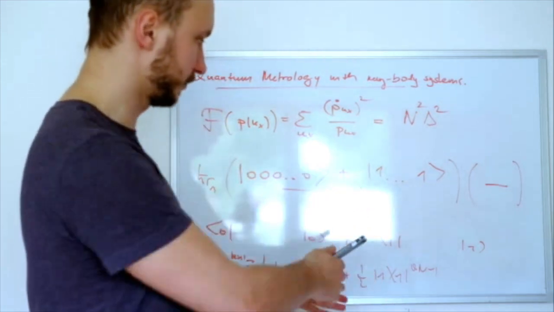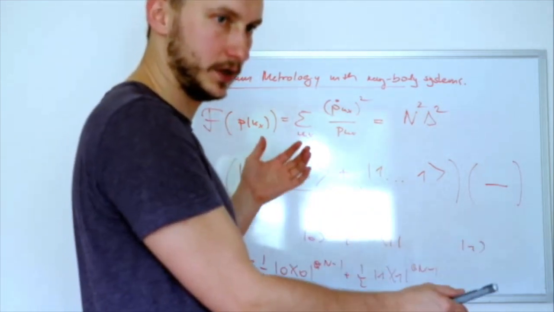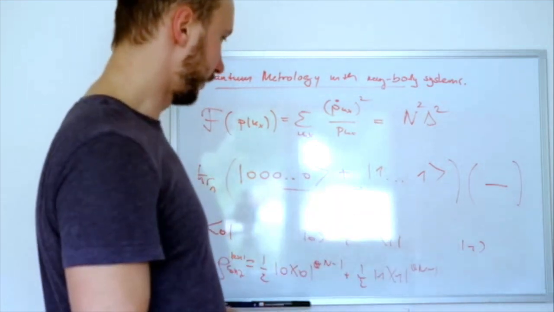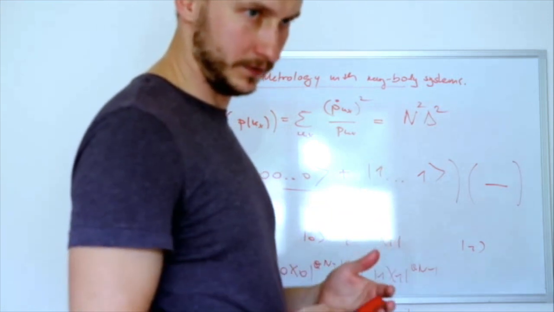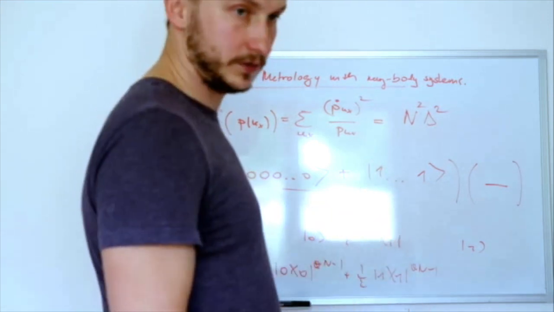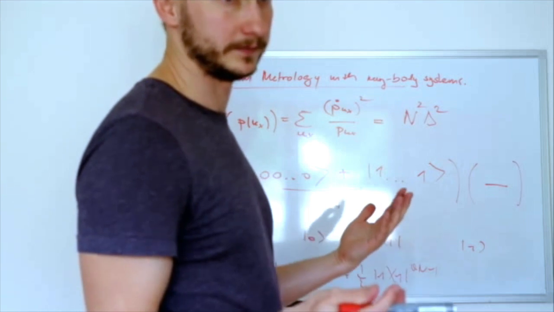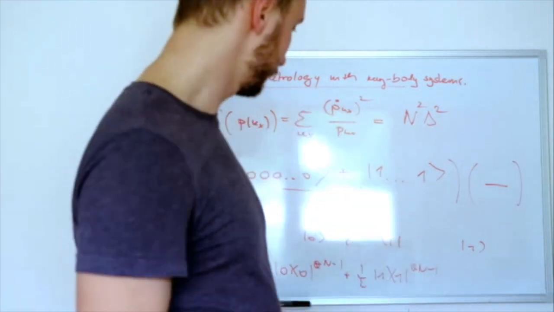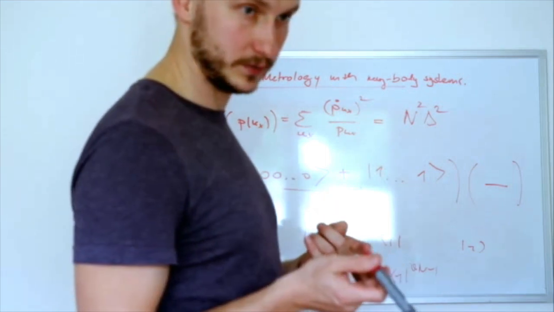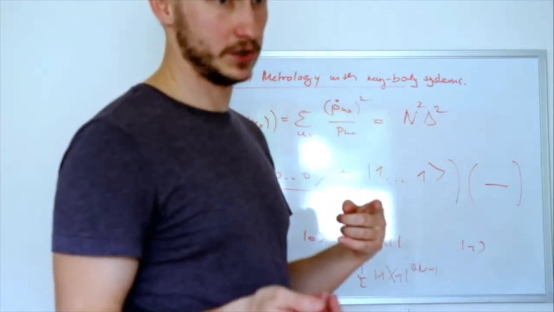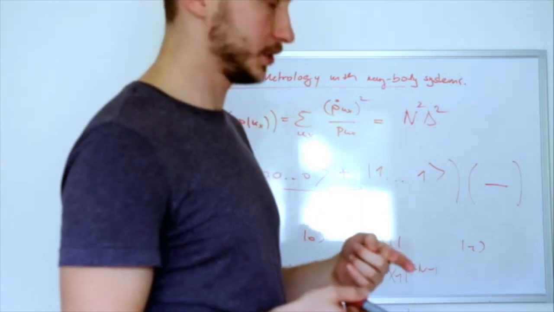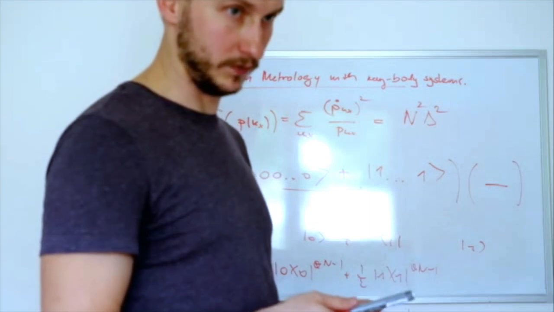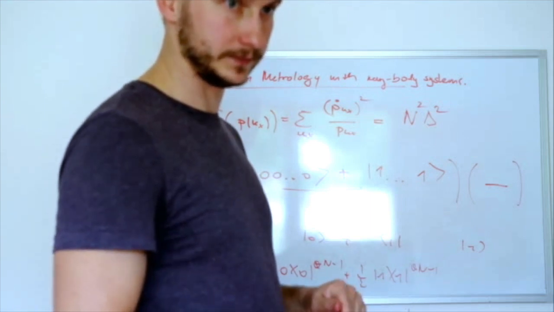Losing one particle completely makes a state which is useless for estimation, and even if you already encoded some phase, it will just disappear. That's why in practice GHZ is not only very difficult to prepare, but also very fragile, so people will not use it. But there are states like spin squeezed states, which you'll now see in the exercises, where you do have an advantage for the precision, but you don't have such fragility. In experiments, people typically go for this kind of states to do quantum metrology.